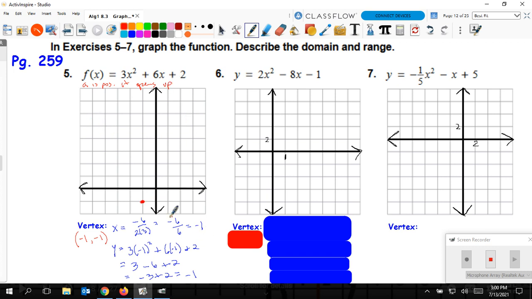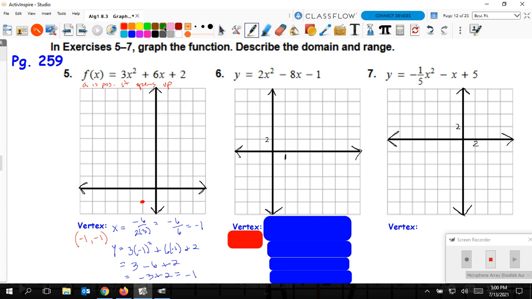Now what we can do is pick some points on each side of this vertex. We could pick 0 for x, 1 for x, 2 for x. We can do that because we can plug those numbers into our function, just like we did with negative 1, and find ordered pairs.